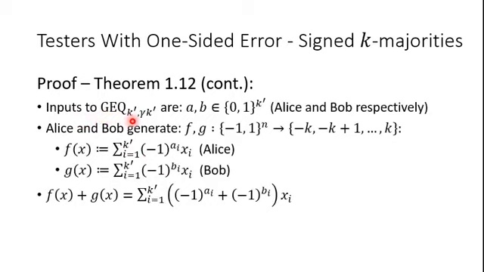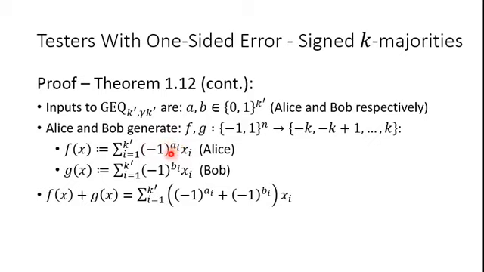So the inputs to the GEQ problem with k prime and gamma k prime will be A and B, which are strings of size k prime that take values in 0 and 1. So A is for Alice and B is for Bob. And Alice and Bob generate functions f and g from minus 1, 1 to the range that we saw earlier. So they do that as follows. f of x is defined to be the sum over the k prime variables with coefficients minus 1 to the power of a_i.